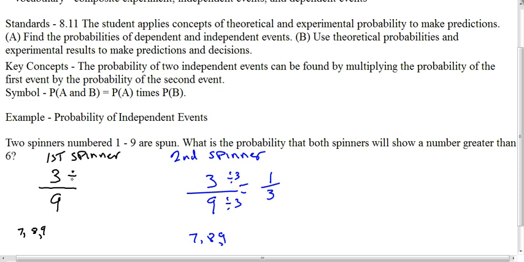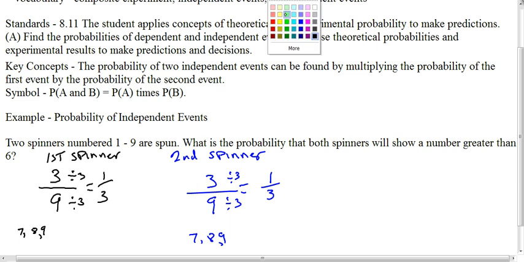We can divide by 3, and we can get 1 over 3. Now, if we go back and look at our key concept, it says when we are comparing, we look at the probability of A and B. So we've already got our problem set up. Now all we need to do is see how we can solve it.